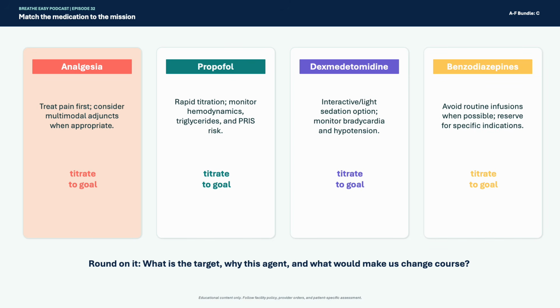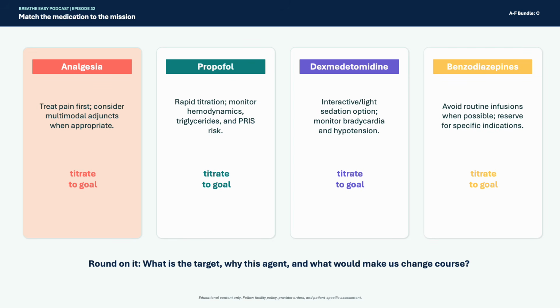Match the medication to the mission. Analgesia comes first with multimodal adjuncts where appropriate. Propofol is on fast, off fast, easy to titrate. Watch hemodynamics, triglycerides, and propofol-related infusion syndrome. Dexmedetomidine is your interactive option, also known as Precedex, where patients can rouse and participate. Watch for bradycardia and hypotension.